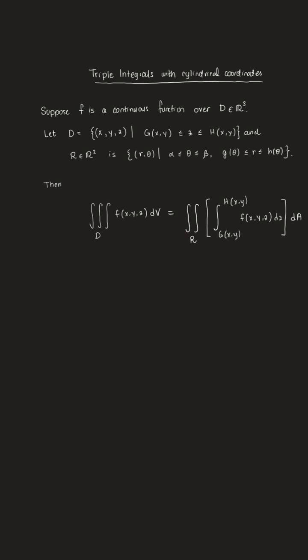All right, let's go a little bit further and also write the first two integrals using their limits of integration. Since R is a polar region, we can write those first two integrals. We'll write the outer integral from theta equals alpha to theta equals beta. Our middle integral from r equals a function of theta, g of theta, to h of theta.